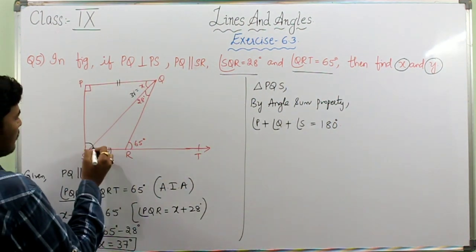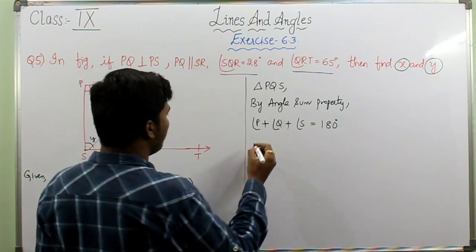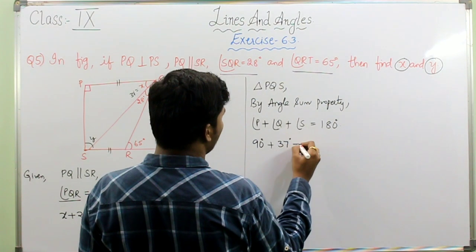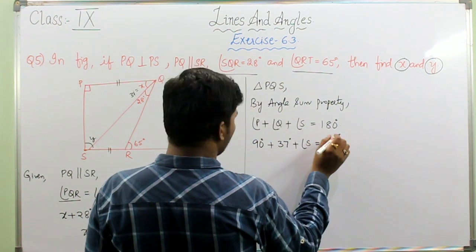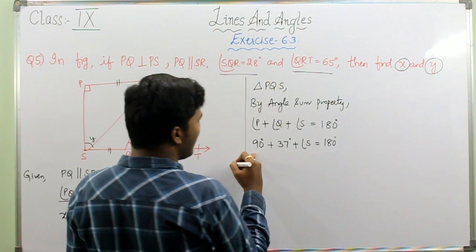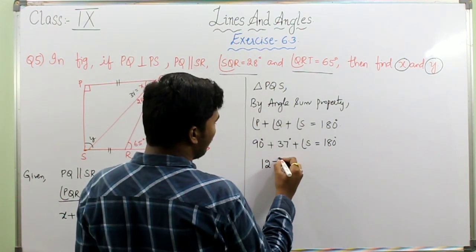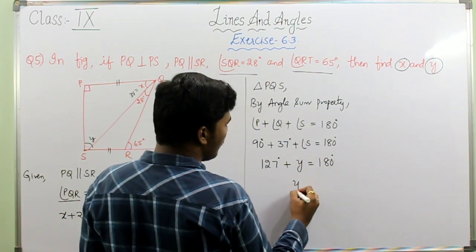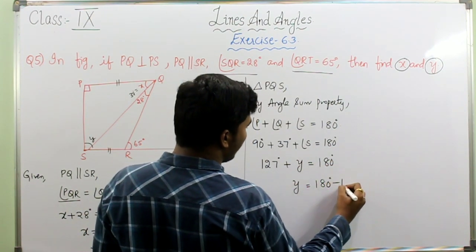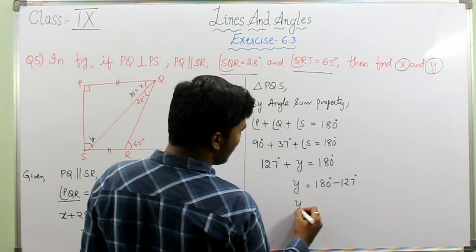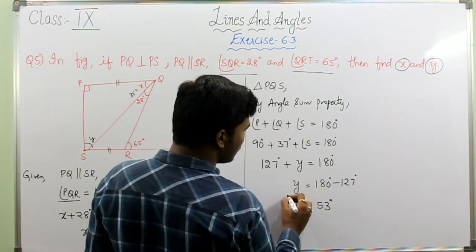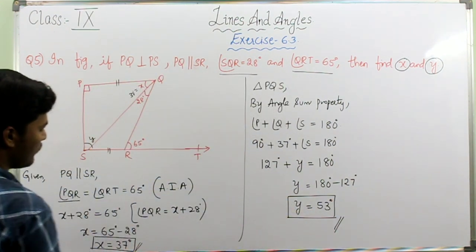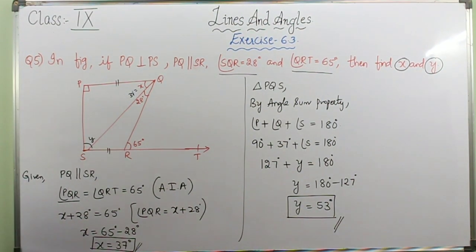This angle S is nothing but our Y. So P is 90 degrees plus Q, which we got as 37 degrees, plus angle S is equal to 180 degrees. So 90 plus 37 will become 127, plus S, which is nothing but Y, is equal to 180 degrees. From that Y will be equal to 180 minus 127 degrees. So Y is 53 degrees. Therefore, the value of Y is 53 degrees and the value of X is 37 degrees.